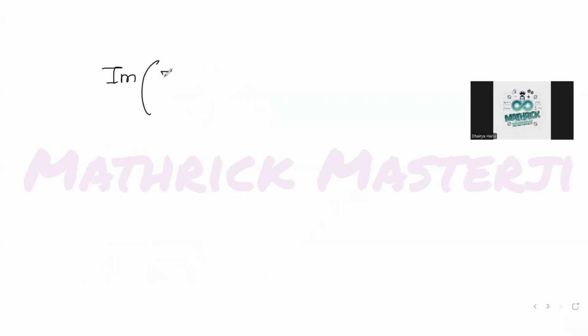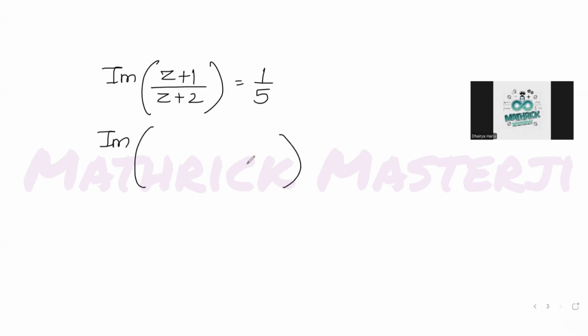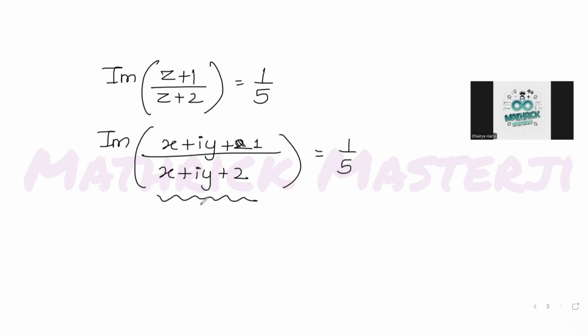With z as x plus iy, I have (x plus iy plus 1) over (x plus iy plus 2), and the imaginary part of this is 1 over 5. So first let's solve only this part, then figure out the imaginary part of the entire complex number and equate it with 1 over 5.